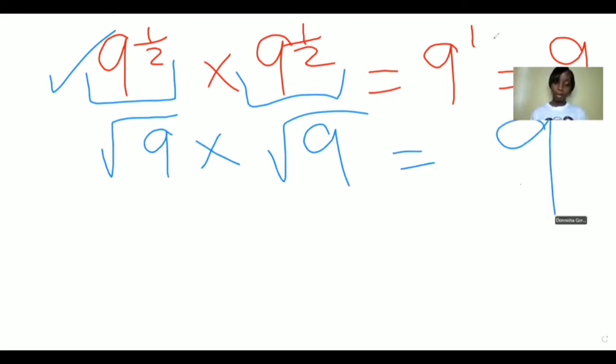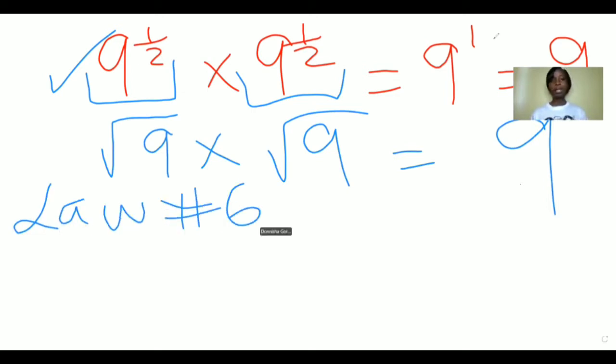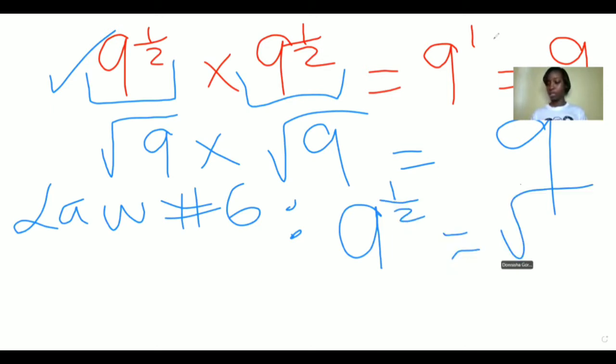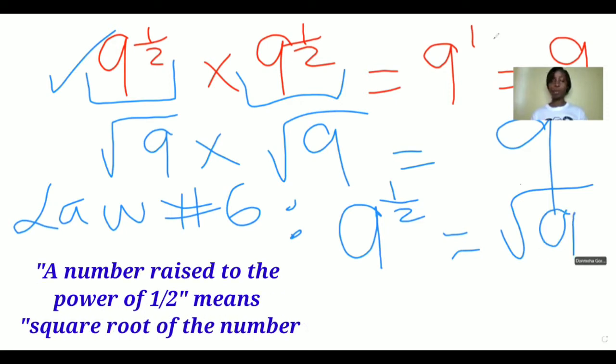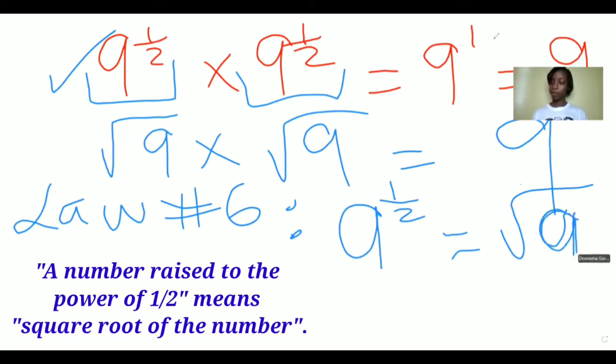So my sixth law, I believe, will tell us that if I raise a number to the half, it also means the square root of that number, square root of a.